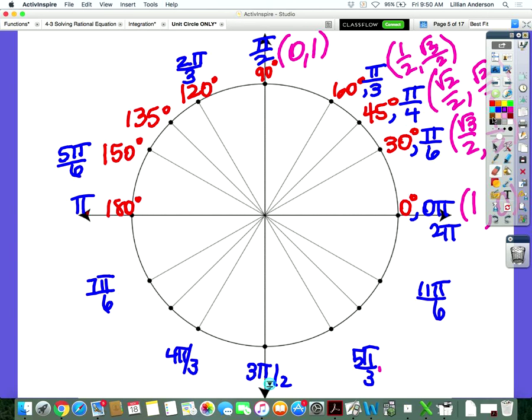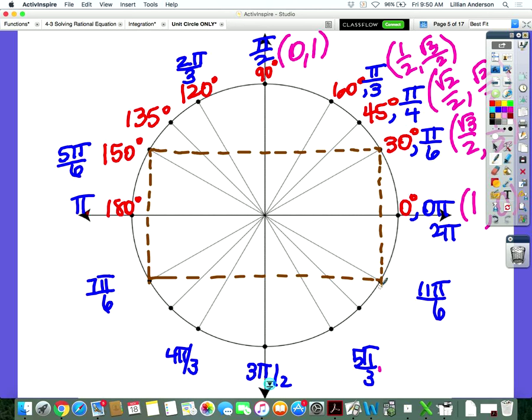Each one of these ordered pairs here, root 3 over 2 and 1/2, they match up with each one that forms a box with it. So each one of these points is going to have the same set of ordered pairs.